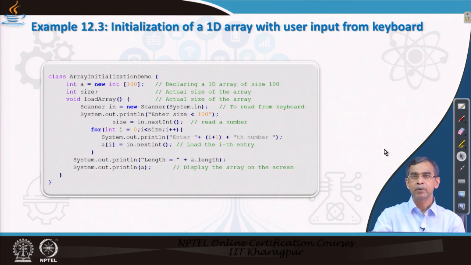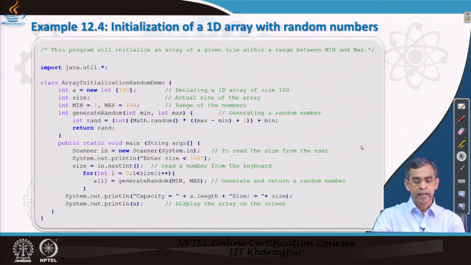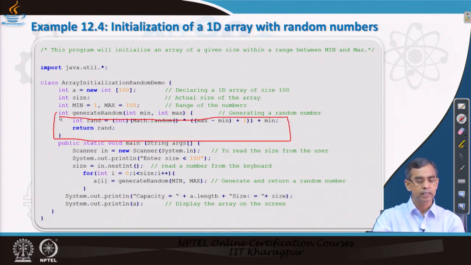A similar example with a little twist, by which we can load an array with random numbers. You can try this example to see how random numbers can be created. I have declared one method for you, so that a number in between the range min and max can be created.